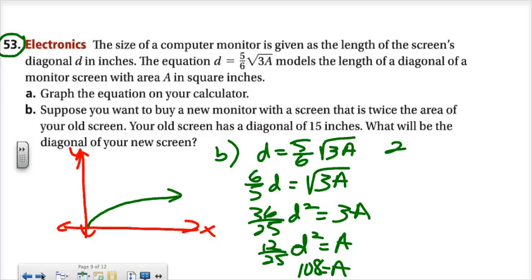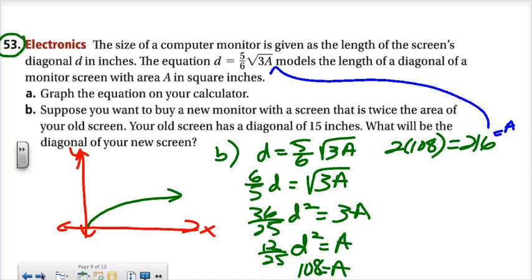So 2 times 108 is 216. And now we want to put that into the original formula so that we can find the diagonal. So the diagonal will equal 5/6 square root of 3 times 216.